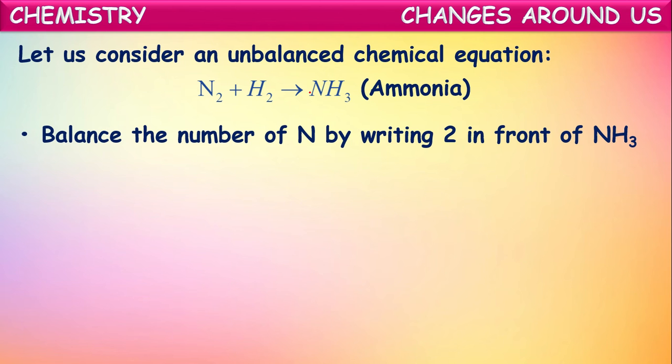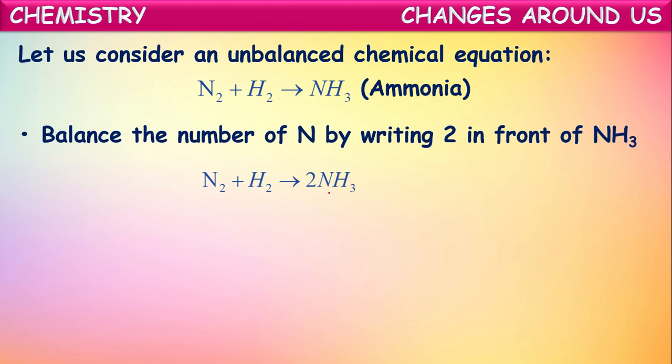So if I write 2 here, what happens? See. Now, the number of nitrogens on the left hand side is 2. And it became 2 on the right hand side also. So nitrogens are balanced. Now what about hydrogens? Here 2 hydrogens are there. But on the right hand side, in the molecule there are 3, totally 2 molecules. Totally it became 6. Now hydrogens are still not balanced.